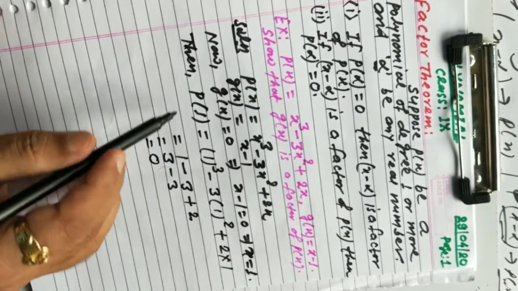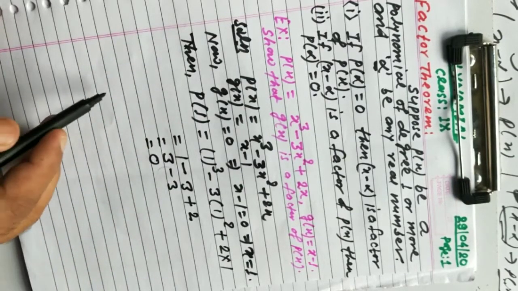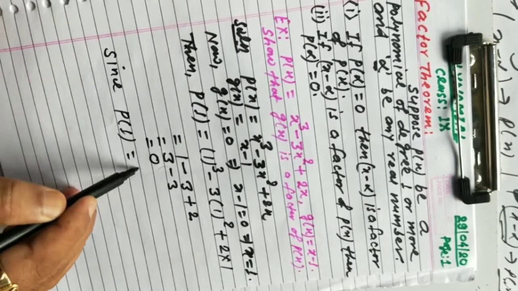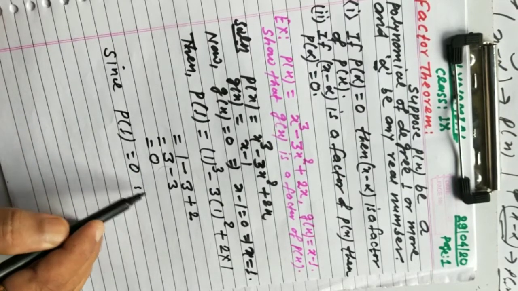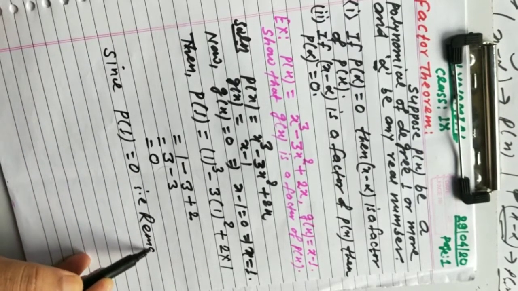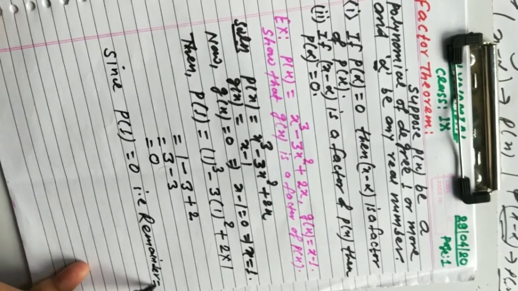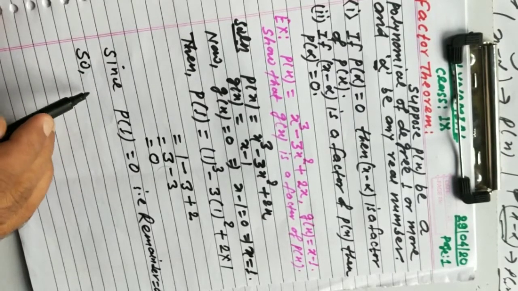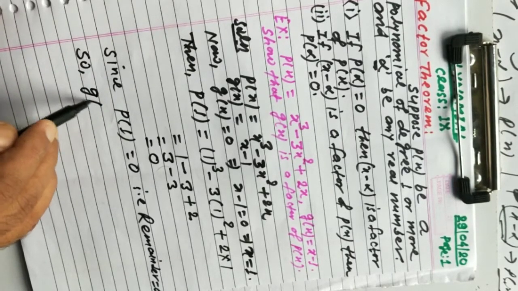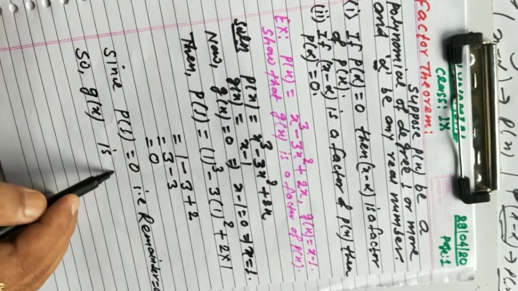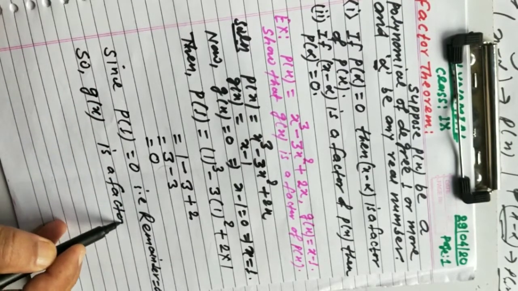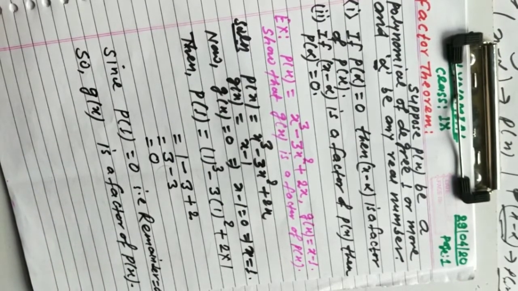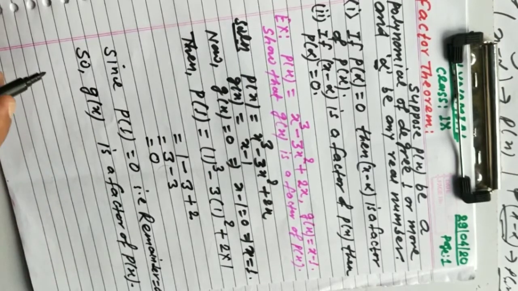So the value of P(1) is equal to 0. So since P(1) is equal to 0, that is remainder is equal to 0, so g(x) is a factor of P(x). So we can say that g(x) is a factor of P(x).